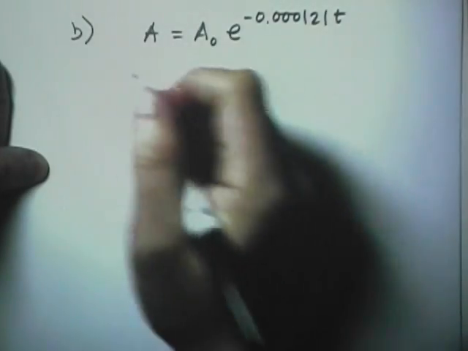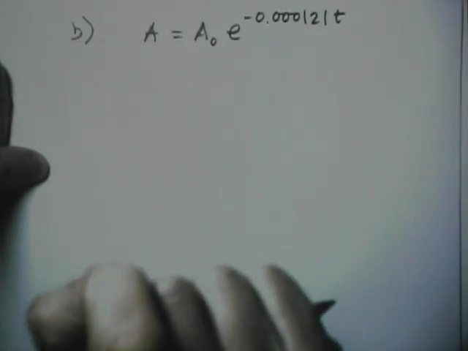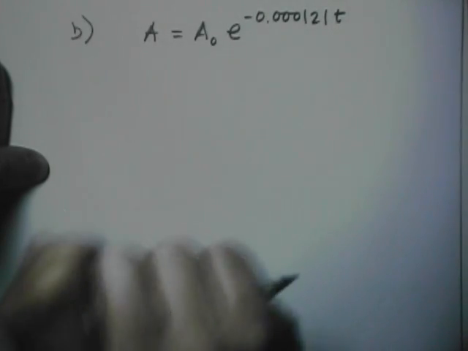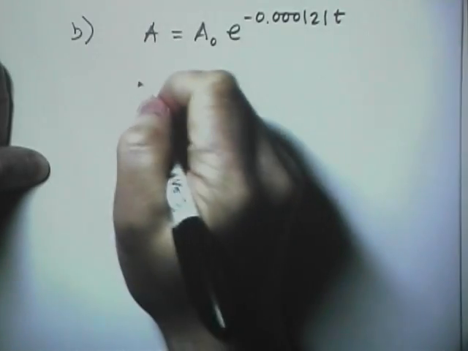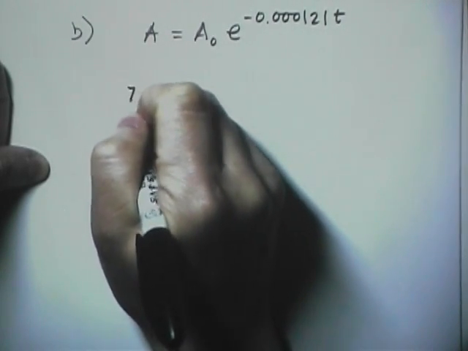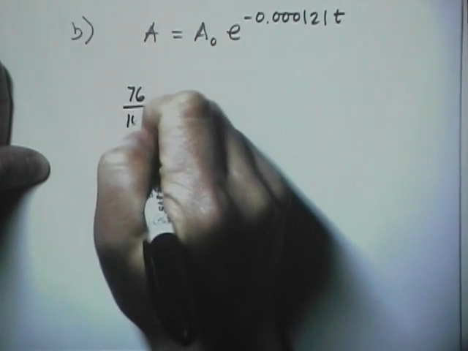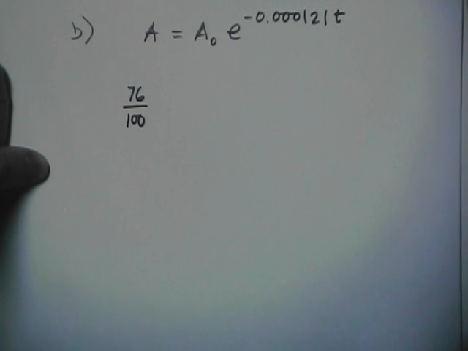All I know is that at the time we found the Dead Sea Scroll, there's only 76% of the original carbon amount left over.